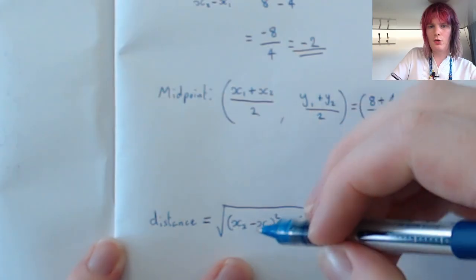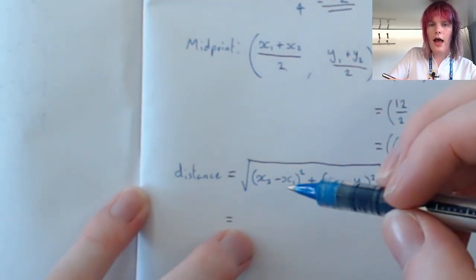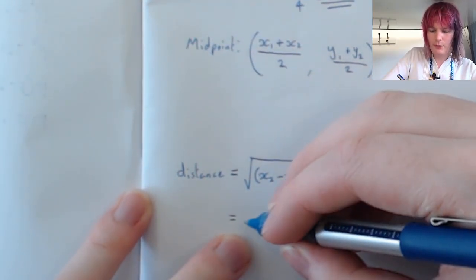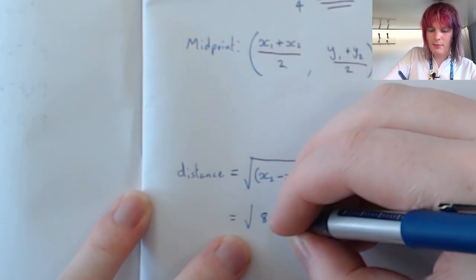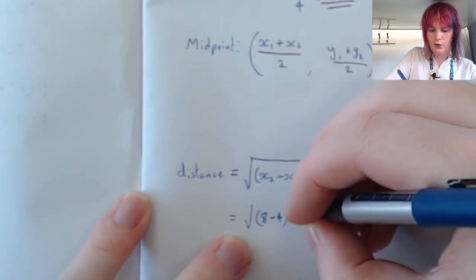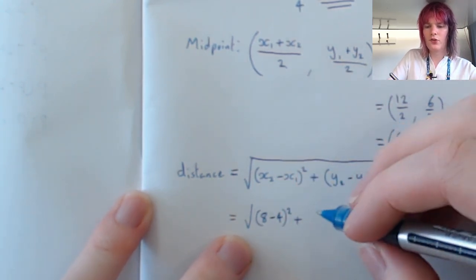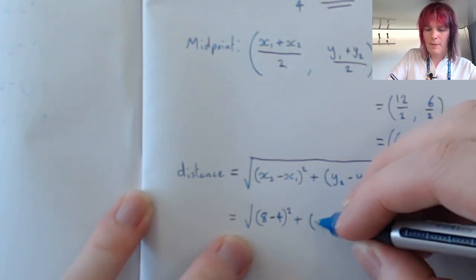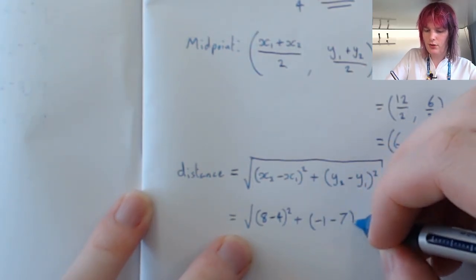We'll substitute in our coordinates. So we get our first coordinate, which is going to be 8 minus 4 squared. Our second coordinate, which is going to be minus 1 minus 7 squared.